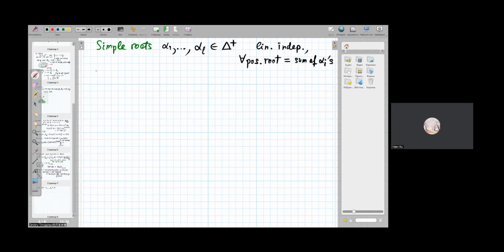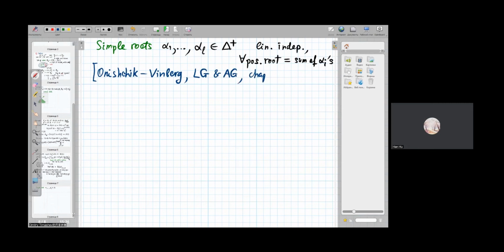For instance, you may take the book by Onishchik and Vinberg, which I mentioned when I gave you the reference list, the title is Lie groups and algebraic groups.